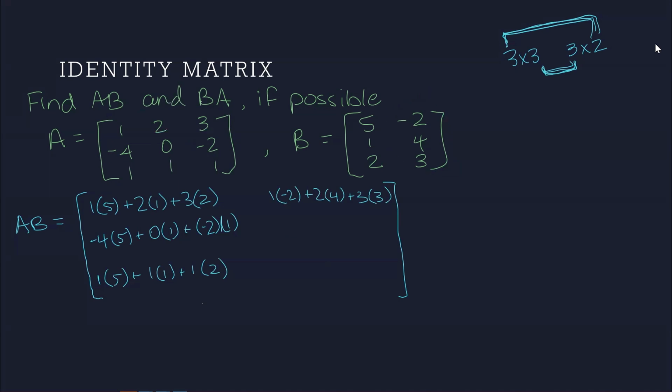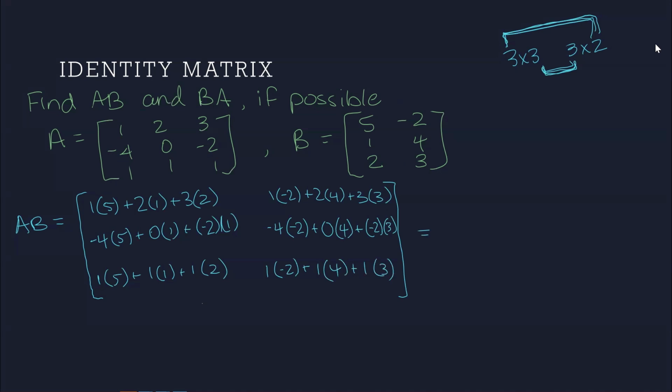Negative 4 times negative 2 plus 0 times 4 plus negative 2 times 3. And then now I need to do the third row, dot product with the second column. 1 times negative 2 plus 1 times 4 plus 1 times 3.